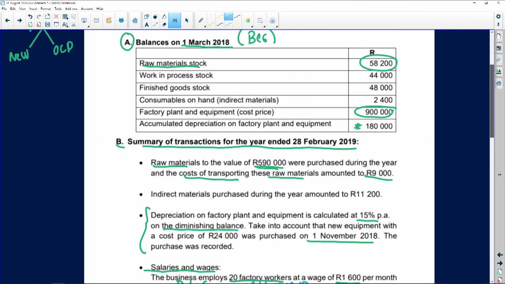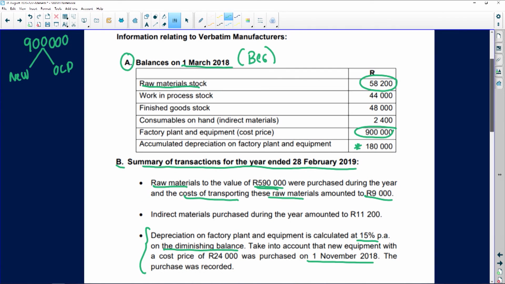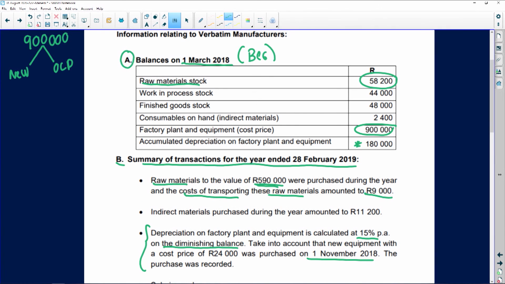Okay, so once again, I'm just going to read the adjustment, make sure that you understand. So I'm told depreciation is calculated at 15% per annum. We know this. Take into account that new equipment with a cost price of $24,000 was purchased on the 1st of November. This was recorded.